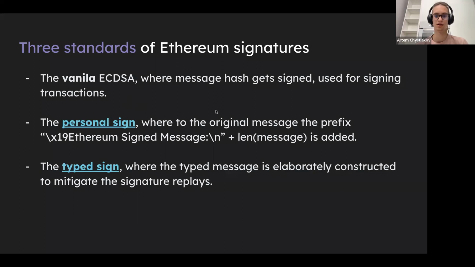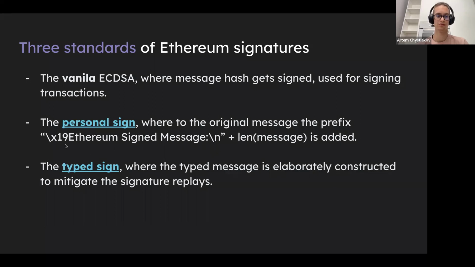So in order to mitigate this behavior, the special prefix is added to the signed message, and RLP encoding never starts with this byte. So it never has this prefix. And this is a sort of protection mechanism, so users won't accidentally sign a transaction they're not sending.